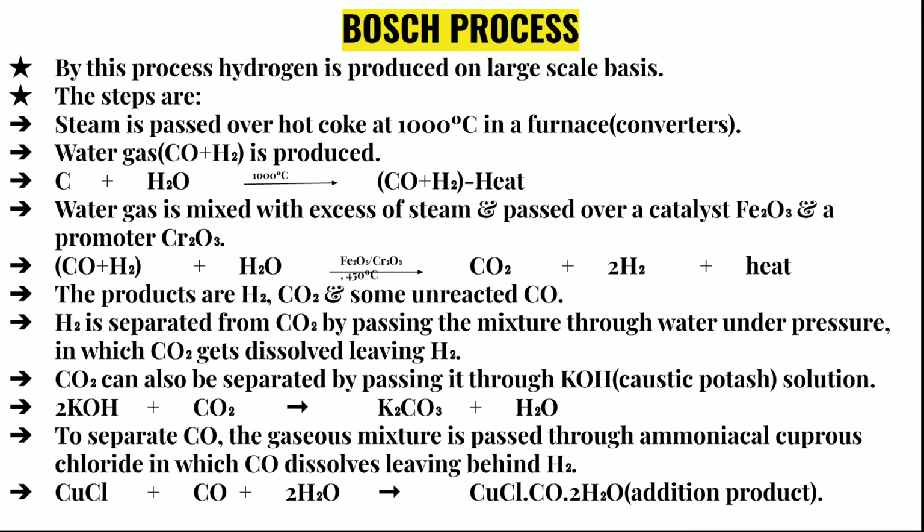Now carbon dioxide can also be separated. One way of separating carbon dioxide from hydrogen is passing the mixture through water under pressure. Another way is to pass this mixture of hydrogen and carbon dioxide through KOH, caustic potash solution.